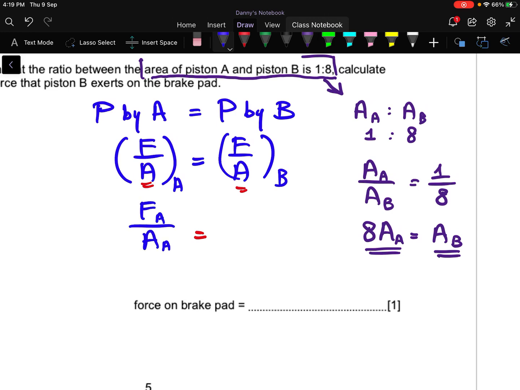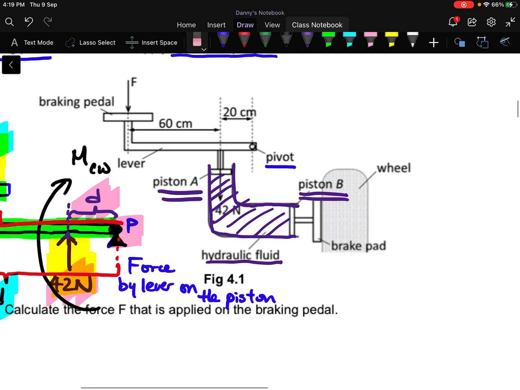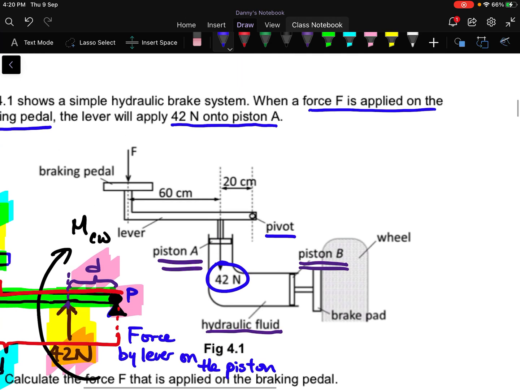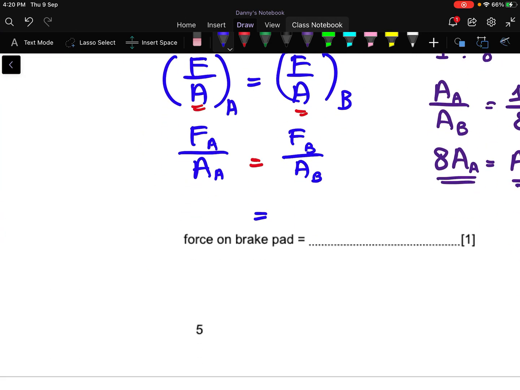So here, FA over AA equals FB over AB. I already know my FA, right? My FA over here will be this. This is the force acting on piston A. So I will simplify this to this. This is my unknown. Then I just play around.